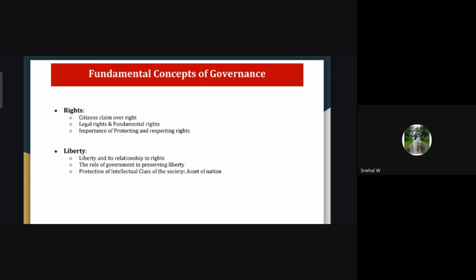So it is vice versa and complementary to each other. And this is also something essential which is supposed to be preserved by the government of the day. Liberty of the citizens is supposed to be respected and protected by the state machinery, that is the government.